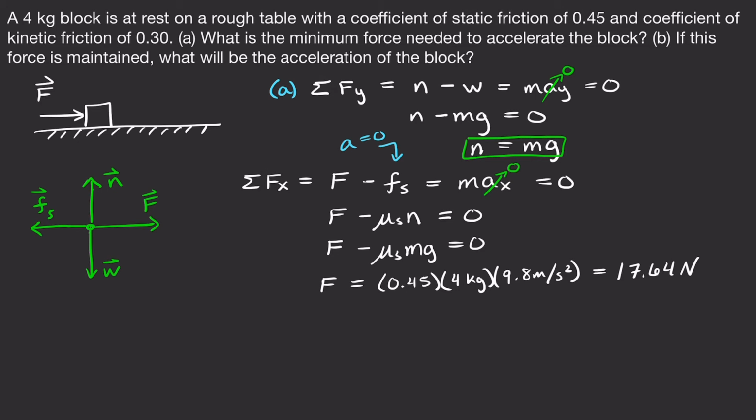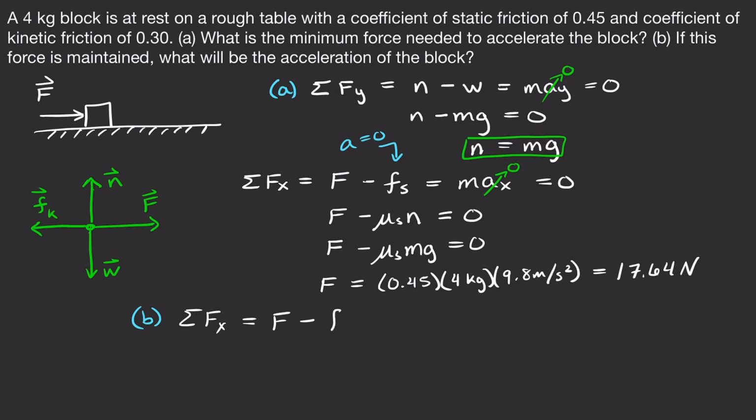So now, if I maintain this force and I keep this force, I want to know what the acceleration will be. So now I'm going to sum up the forces in the x direction, yet again. But now I'm going to have this force, and my static force of friction is going to turn into kinetic friction.